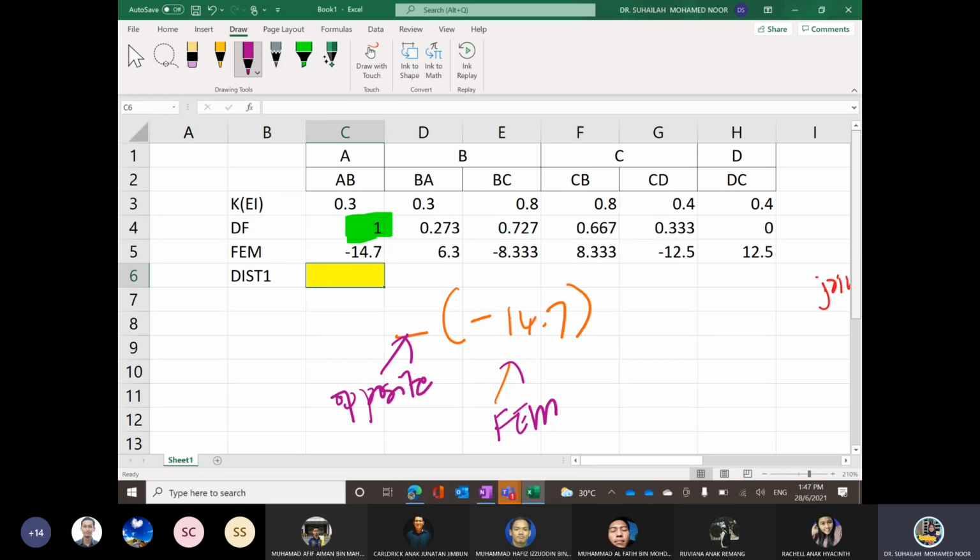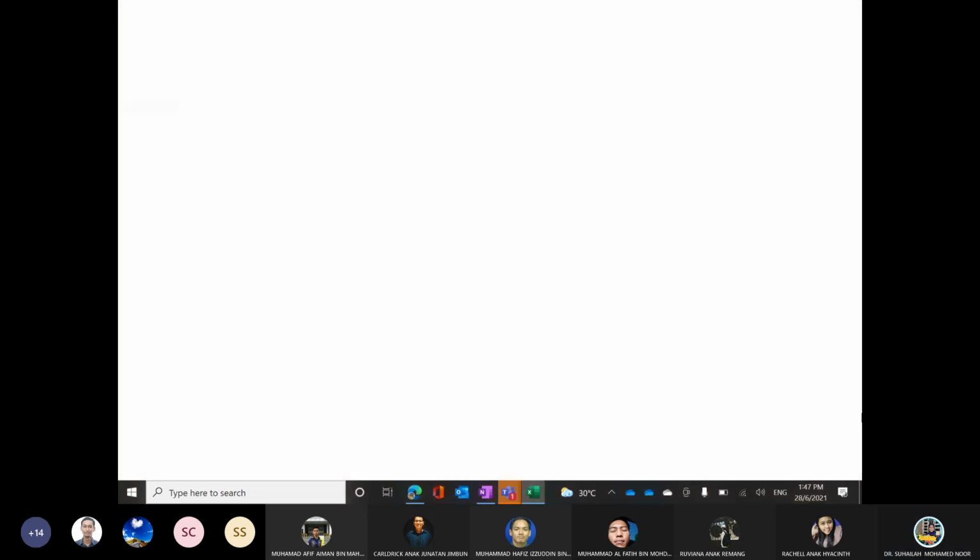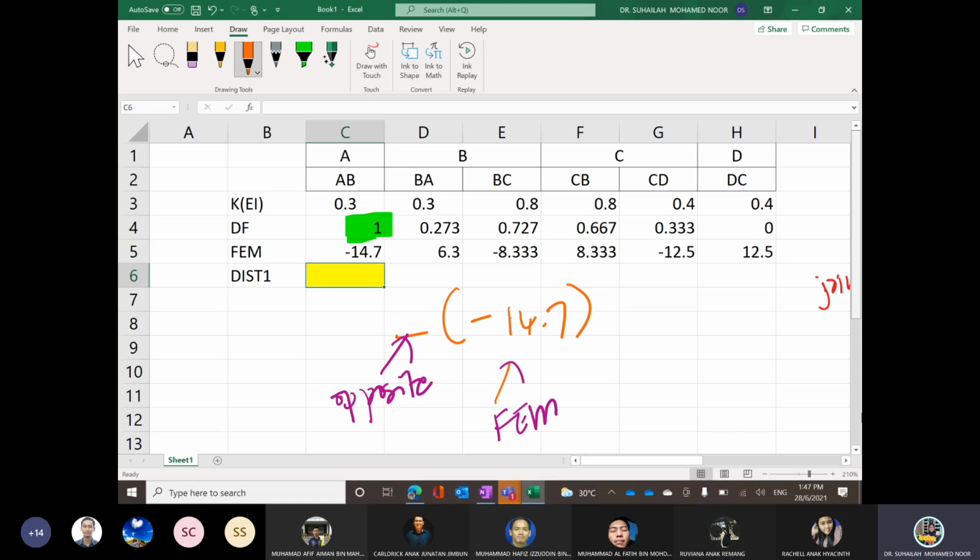To calculate the moment in distribution, we have to times the moment with the distribution factor, and the distribution factor for AB is equivalent to 1.